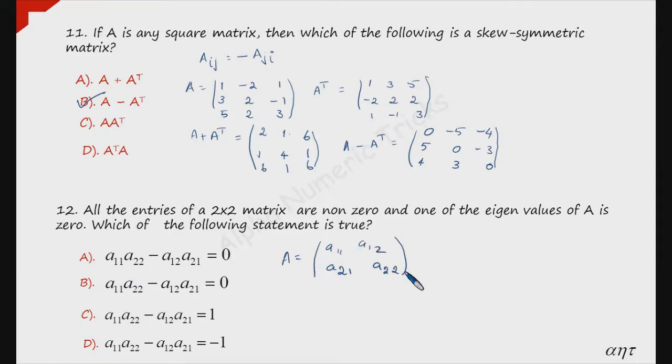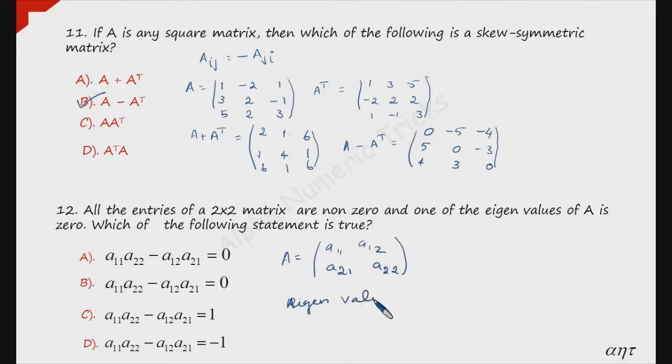And the condition given here is that all the entries of the matrix are non-zero and one of the eigenvalues of the given matrix A is 0. So we have to use the properties of eigenvalues for this problem to get the solution.